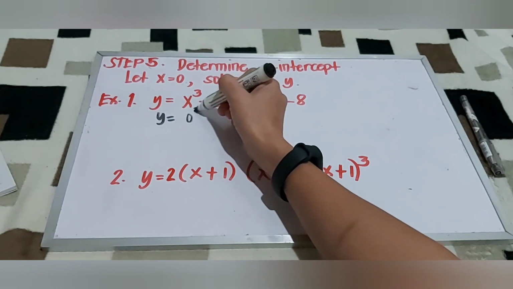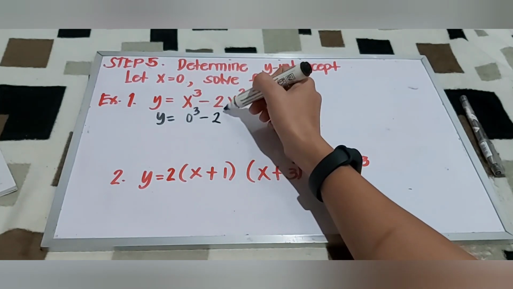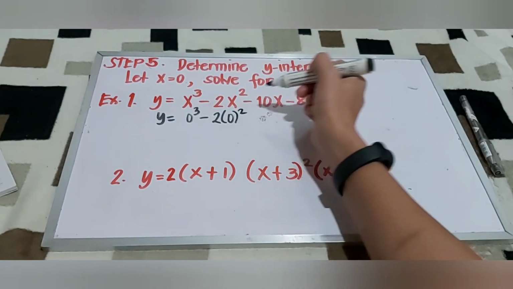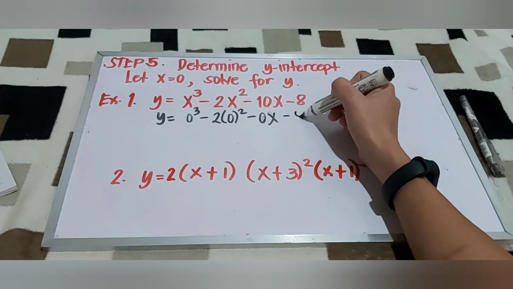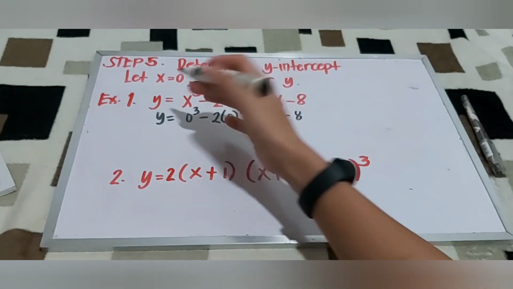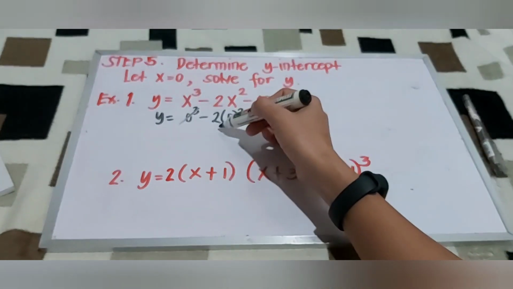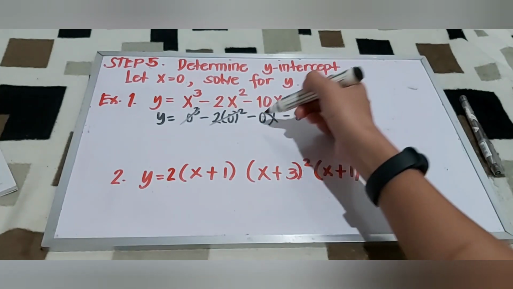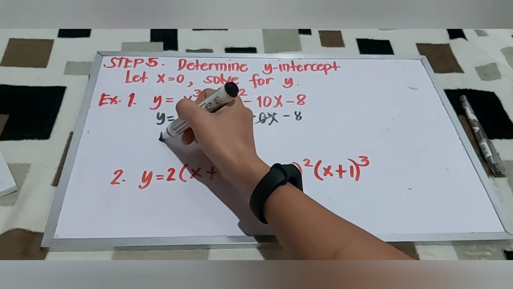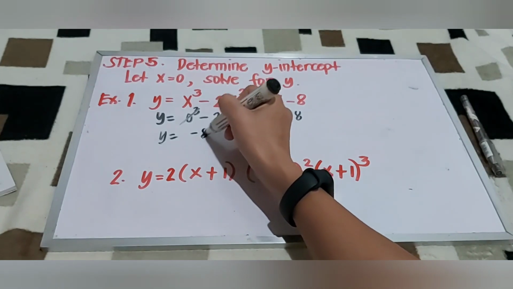So, 0 cubed minus 2 times 0 squared minus 10 times 0 minus 8. 0 cubed is 0. Negative 2 times 0 squared is 0. 10 times 0 is 0. So, y is equal to negative 8.